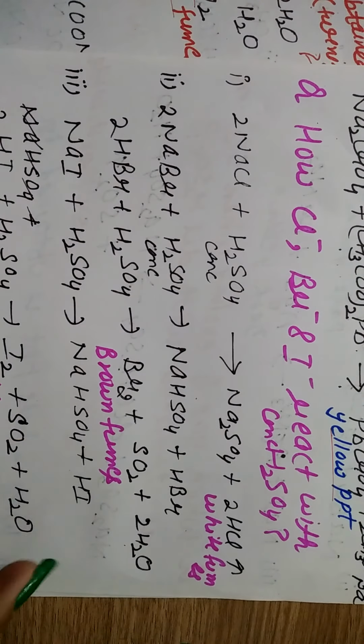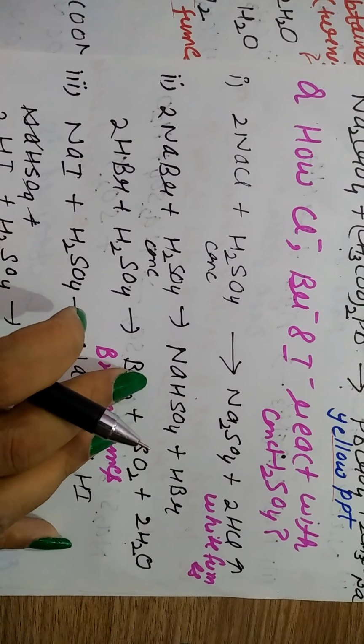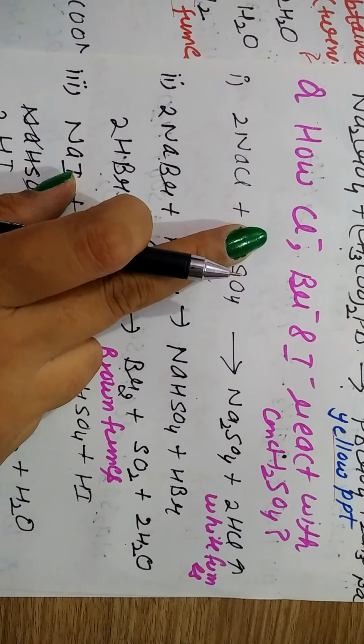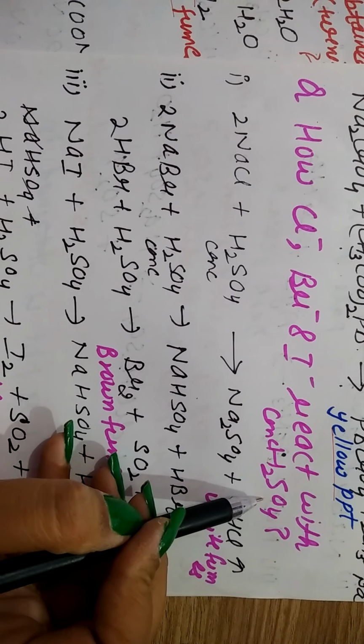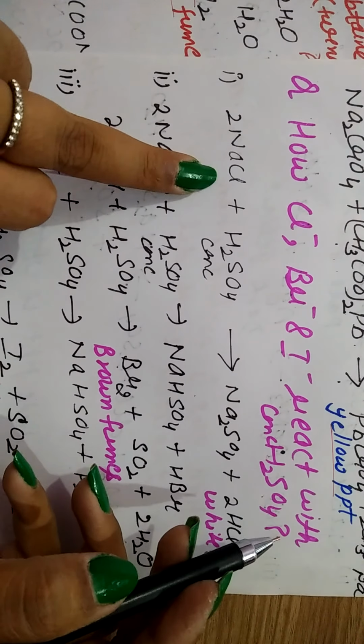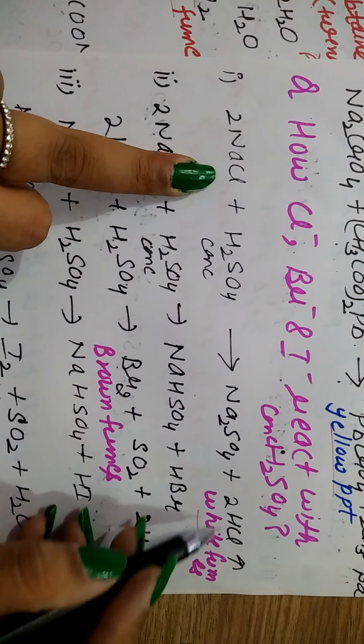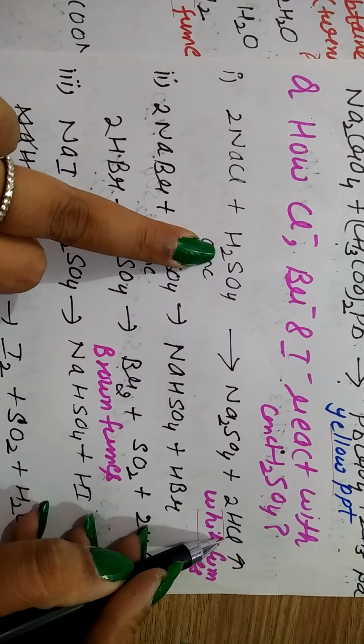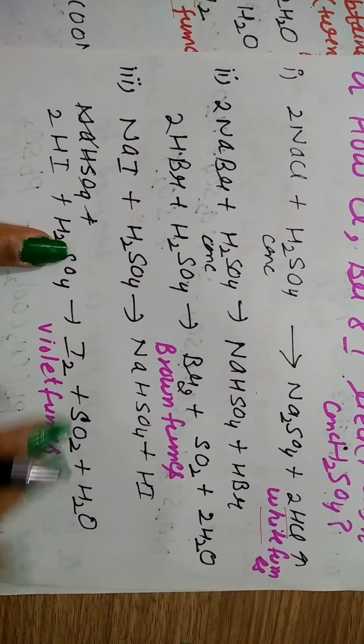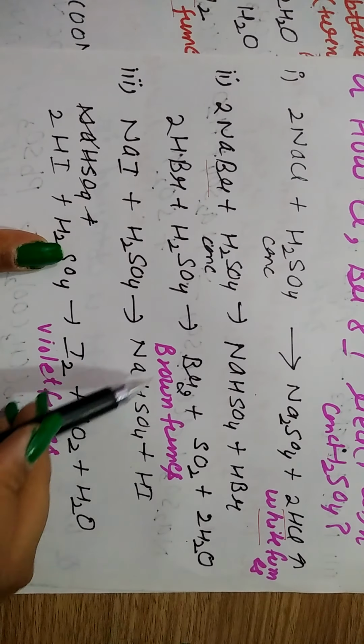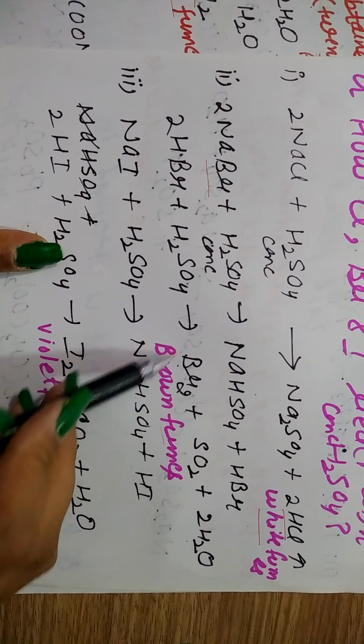This is also a very important question: what is the difference when these anions, chloride, bromide and iodide, react with concentrated sulfuric acid? Basically, chloride anion will give us white fumes of HCl with sulfuric acid. Bromide anion will give us brown fumes of Br2.